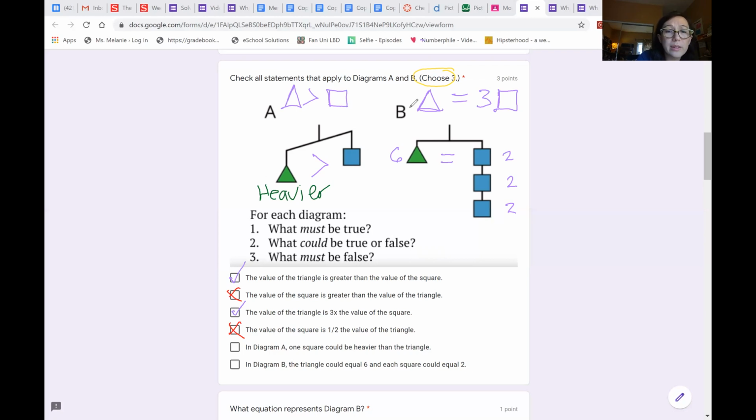So the statement's not right. In diagram B, the triangle could equal 6 and each square could equal 2. Yep, I must have just remembered that because I had made the quiz. All right, so those are those 3. Again, on the quizzes, there's more possible points than what it's actually taken out of.